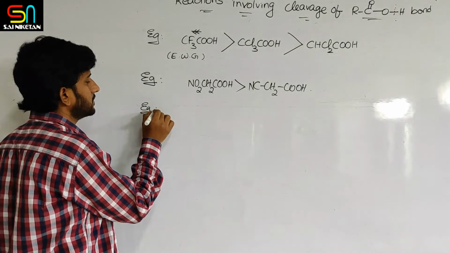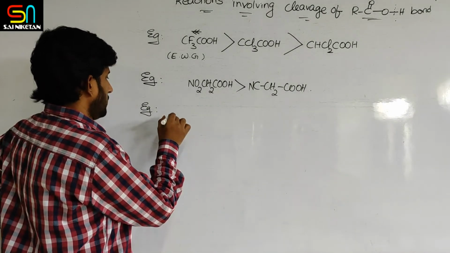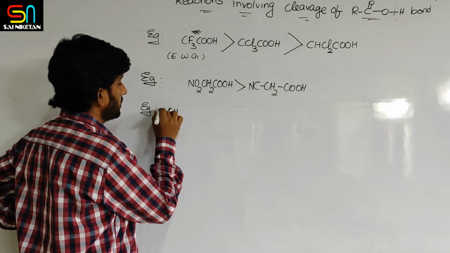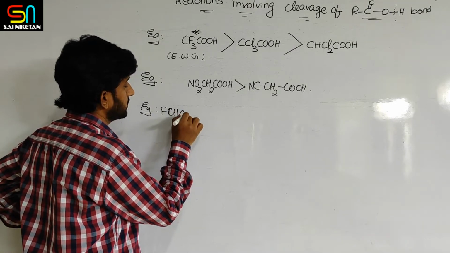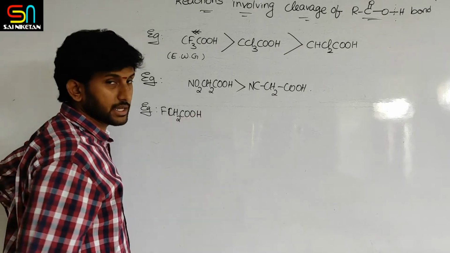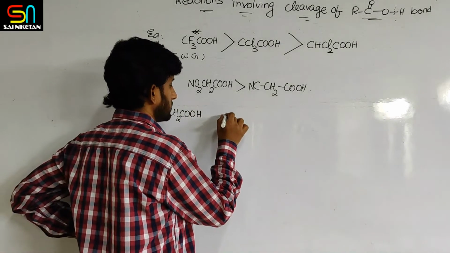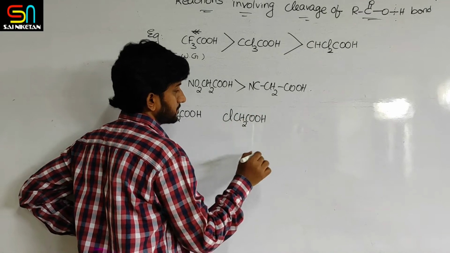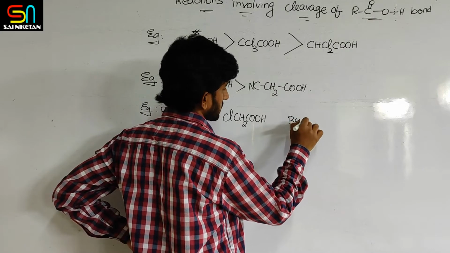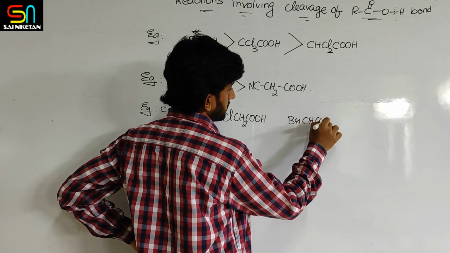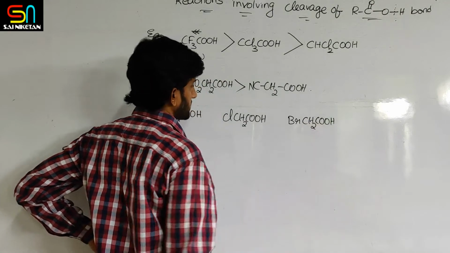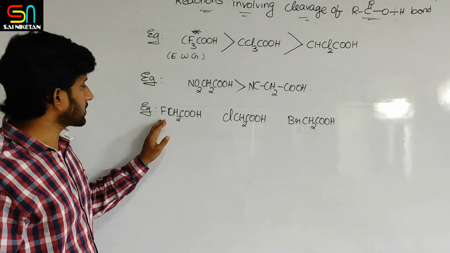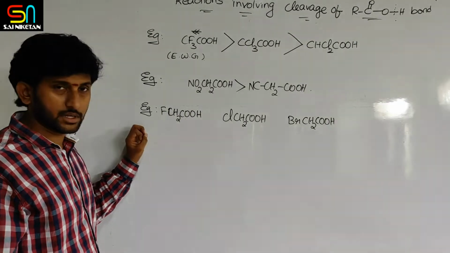Similarly, fluoroacetic acid, chloroacetic acid, and bromoacetic acid. If you compare this, as the electronegative character is more, the electron withdrawing nature will be more.